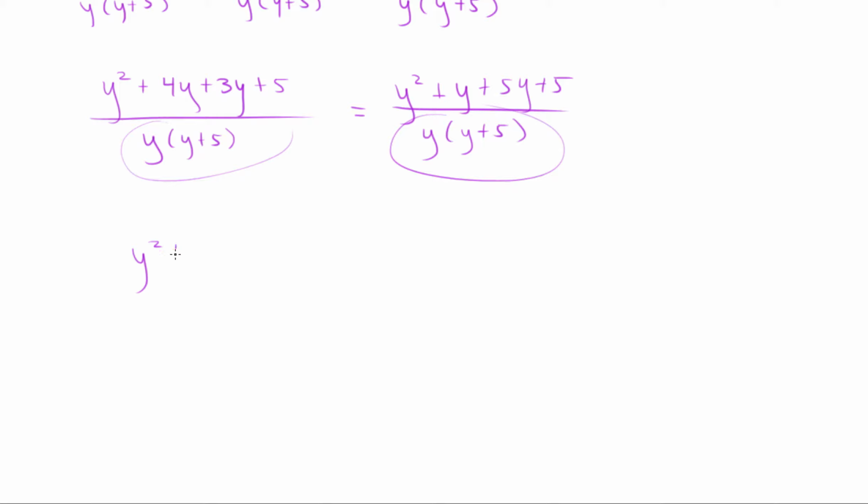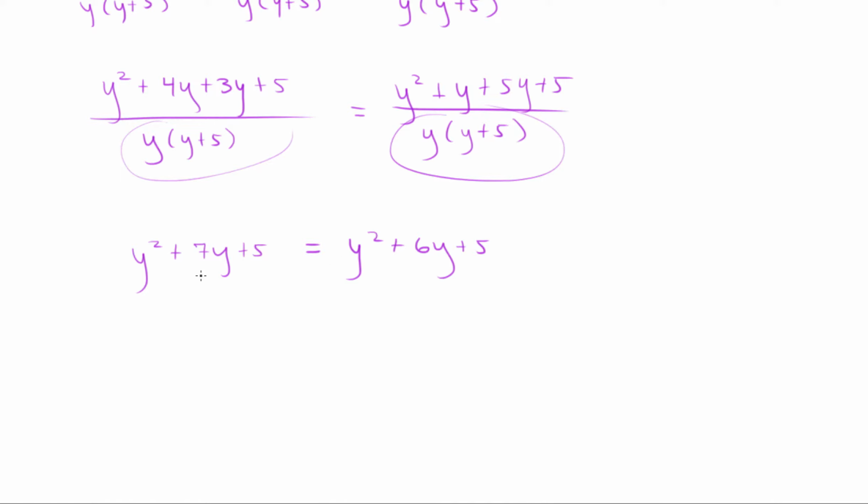So y squared plus 4y, well, let's add those two together. 4y plus 3y is 7y, equals y squared plus 6y plus 5. Notice again that they're equal to each other.